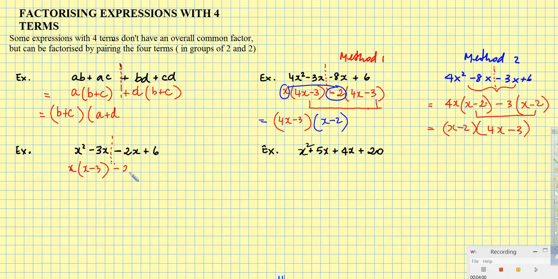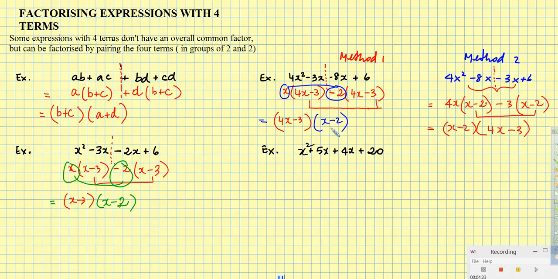And I can remove a negative 2 in the second half, and I have x - 3 left over again. Because x - 3 is common in both of them, I can remove an x - 3, and what would be left over is simply x - 2. So my answer is (x - 3)(x - 2).